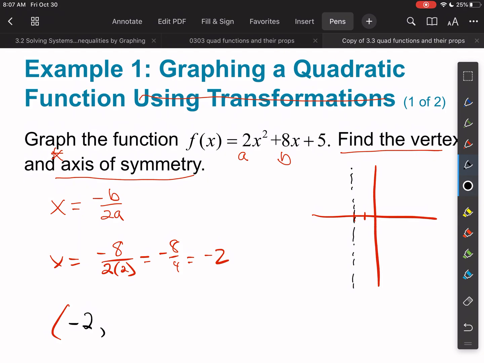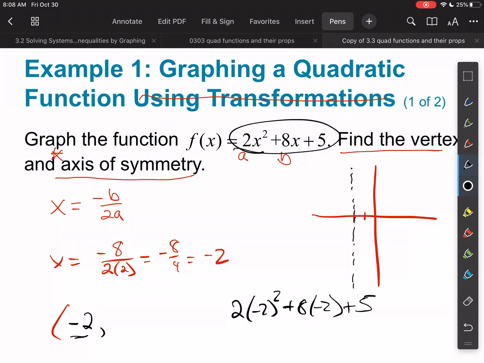So I know that my x value of my vertex is negative 2. And how I find where my vertex is, well, since my x value is negative 2, I can plug that back in here and see what my y value is. And the only point that should work there is going to be the vertex, because the vertex always lies on the axis of symmetry. So I'm going to plug it in. 2 times negative 2 squared plus 8 times negative 2 plus 5.